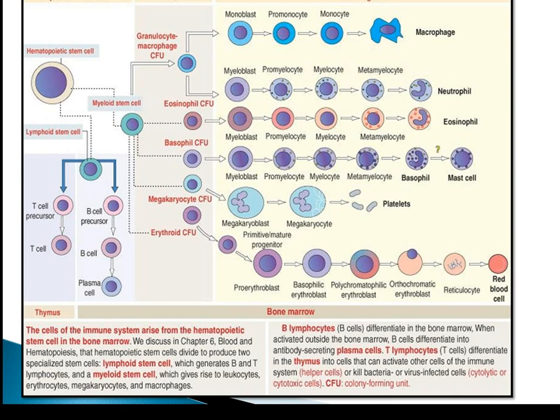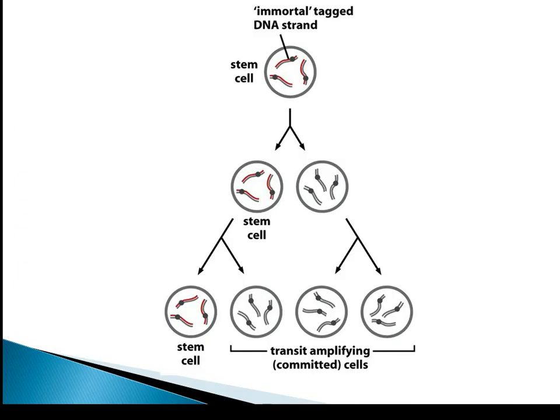Then granulocyte, monocyte colony stimulating factors. Then interleukin 3 and 7 will cause the cells to enter the cell cycle and give rise to new cells here.